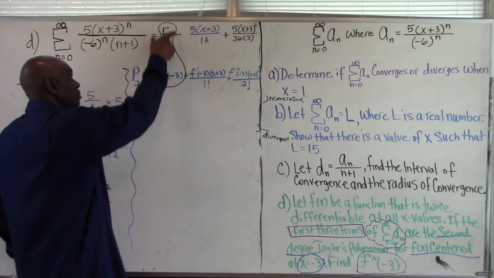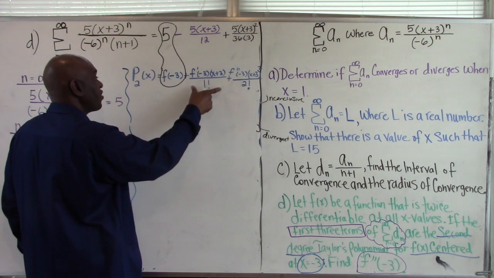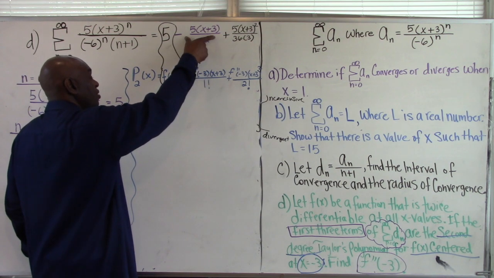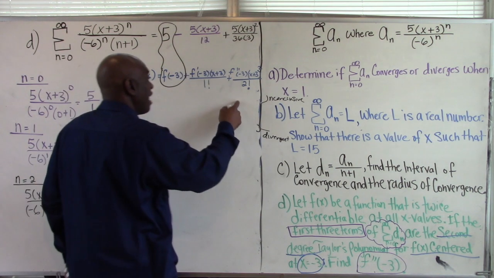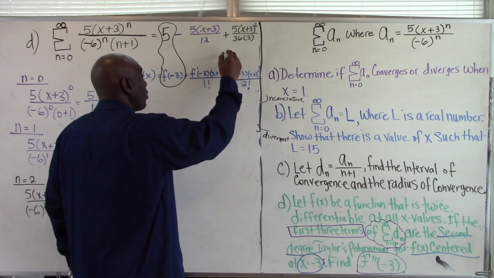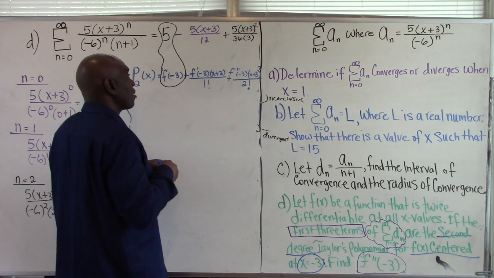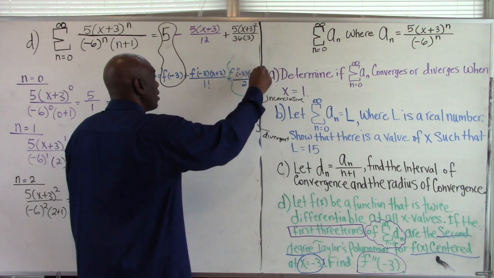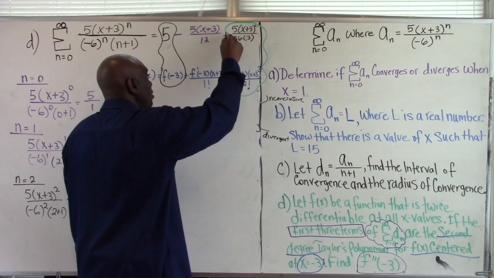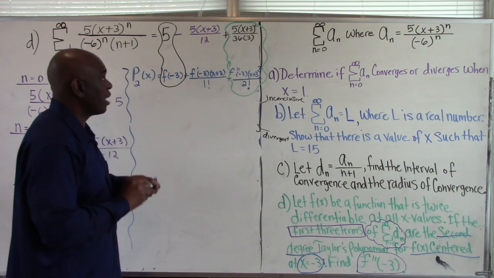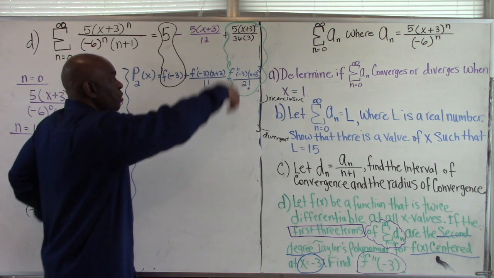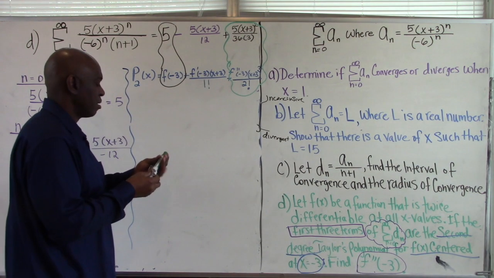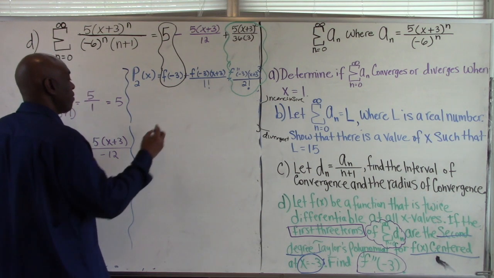So you equate this one with this term. And then the second term in the polynomial with the second term of the series. And then obviously you must equate the third term in the polynomial with the third term in the series here. And the reason you do this is because now you can find out what f double prime of negative 3 is.